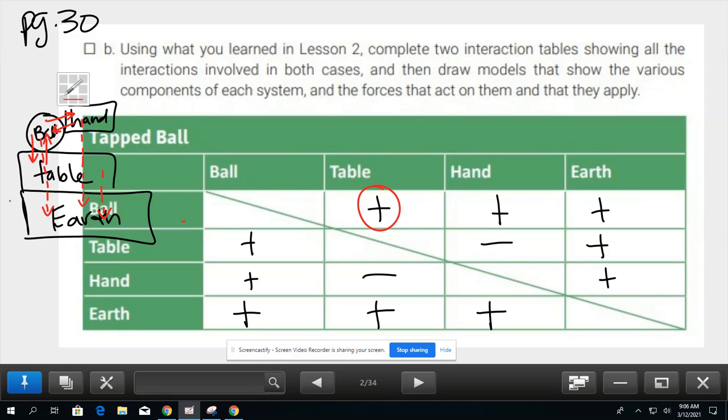And then finally, we have a force from earth back to hand, from earth back to table, and from earth to ball. So everywhere that I have an arrow, I have a plus sign. Also, I want you to notice that all of my forces are in pairs, moving in opposite directions.